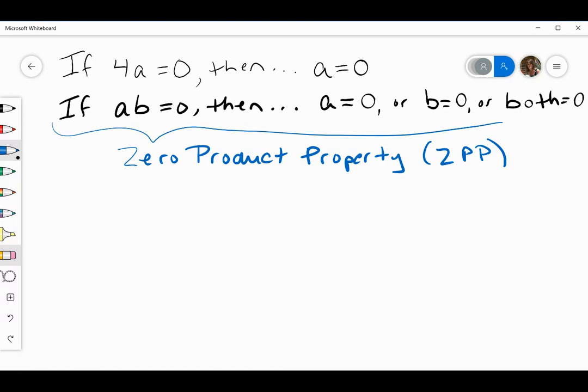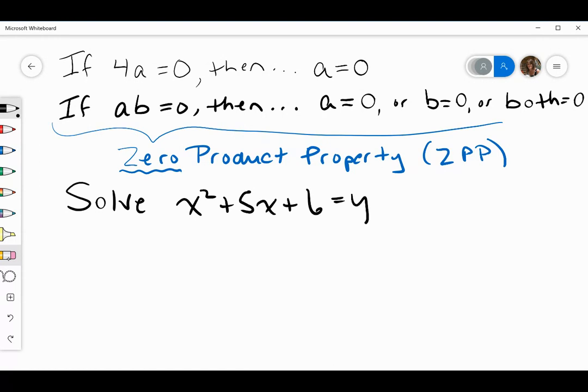So you can see why this whole 0 idea would be helpful to us, because when we're solving for quadratics, we are setting that to equal 0 when y equals 0, right? So if we're asked to solve x squared plus 5x plus 6 equals y, well, first thing, remember, is we're going to take that y off and put instead 0, right?